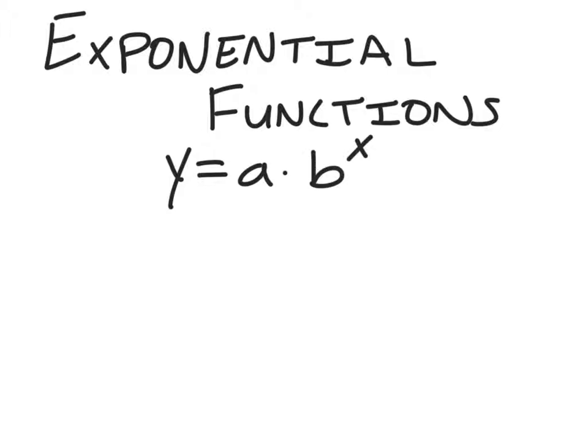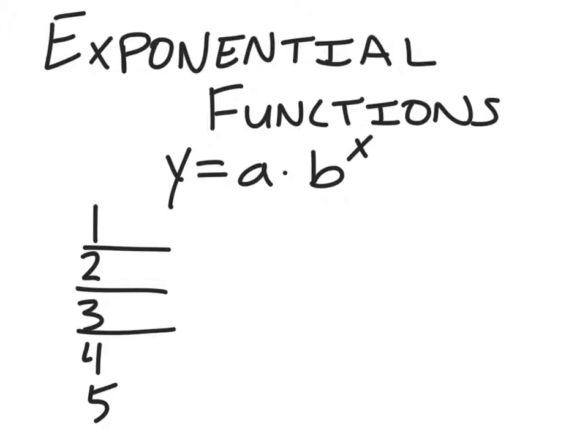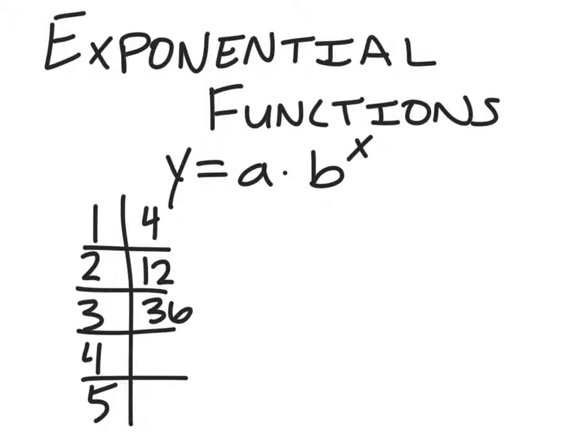And we said what characterizes exponential functions for a pattern, 5 steps again, is that they go up by the same ratio every time. So if I started with 4 and multiply by 3, I get 12, 36, 36 times 3 is 108, and then 108 times 3 is 324.